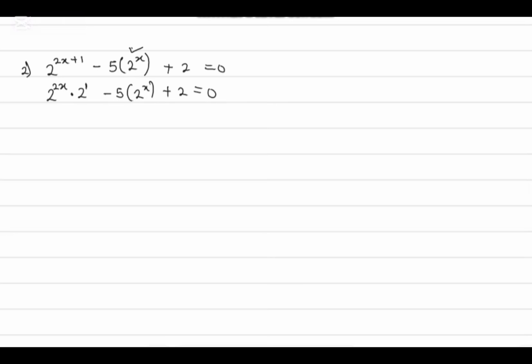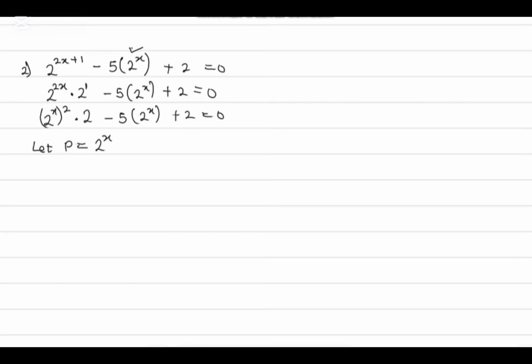Then this can be written as 2 raised to power x times 2 raised to power 1, which is 2, minus 5 into 2^x plus 2 equals 0. I can now say let p, I can use any other letter actually, let p be equal to 2 raised to power x.